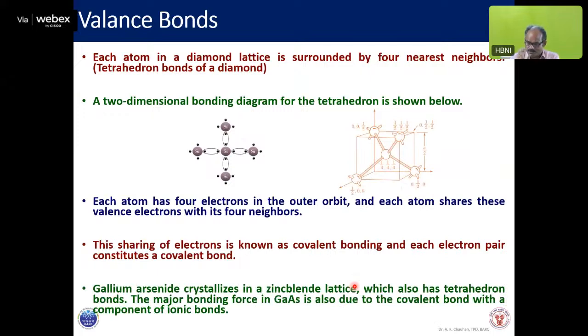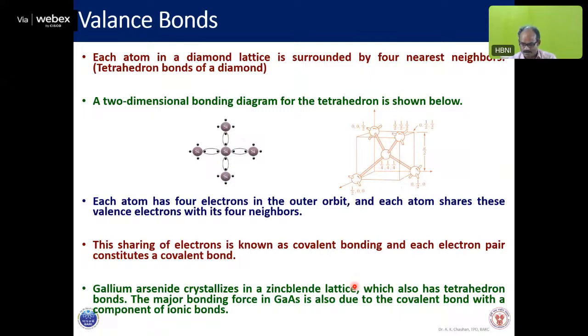Now, suppose it had been in a simple cubic structure, not in diamond structure, what would have happened? How many nearest neighbors would it have in that case? Will it be 4? No. So how will it share? If you want to share with someone, they need to be on the same terms as you. You have 4 electrons, the other is also having 4.